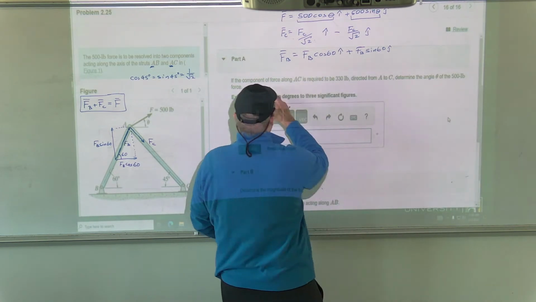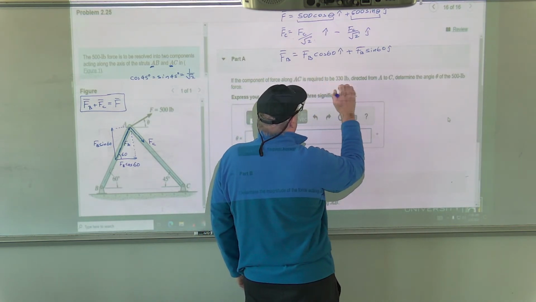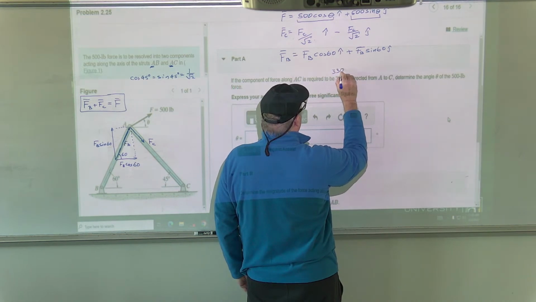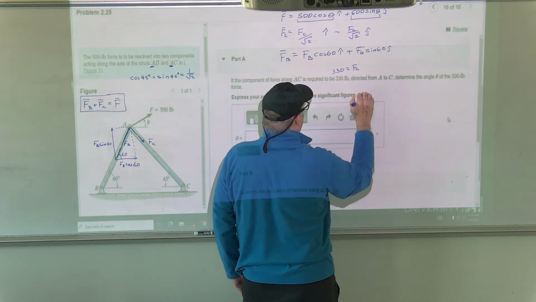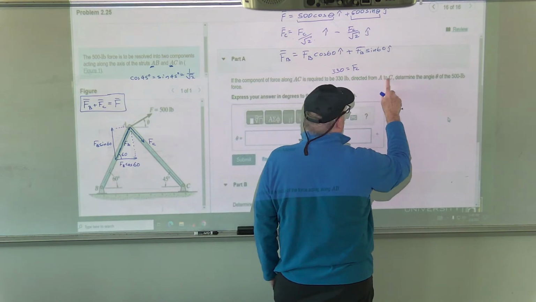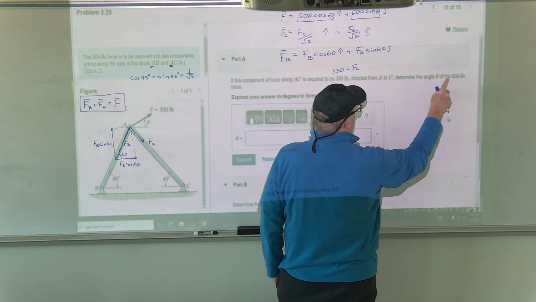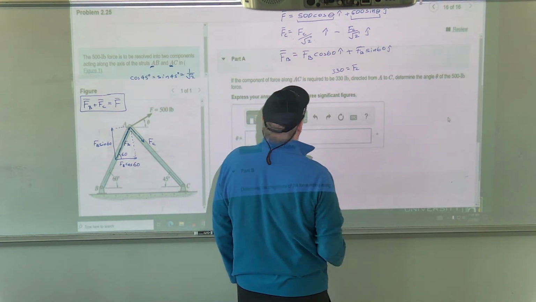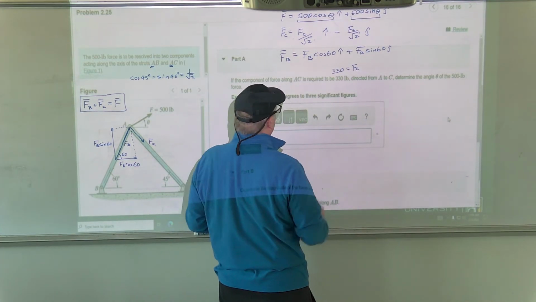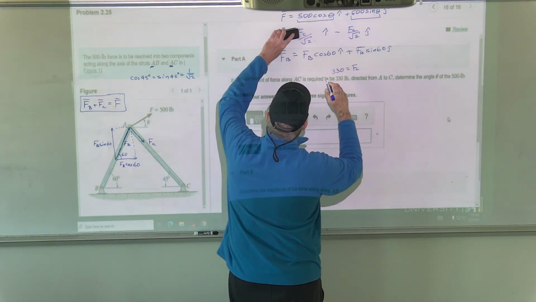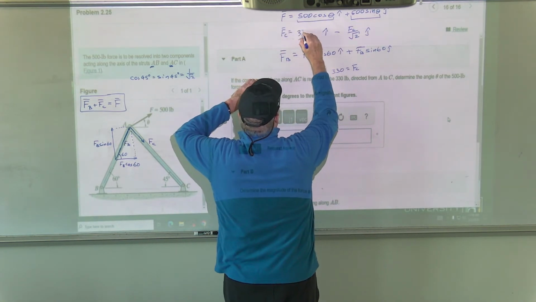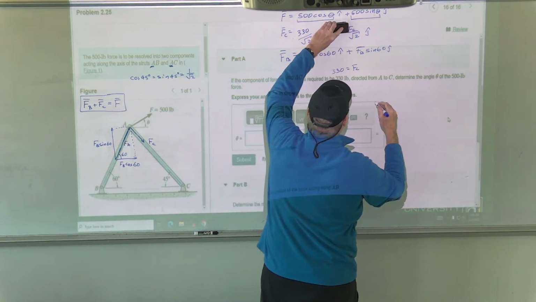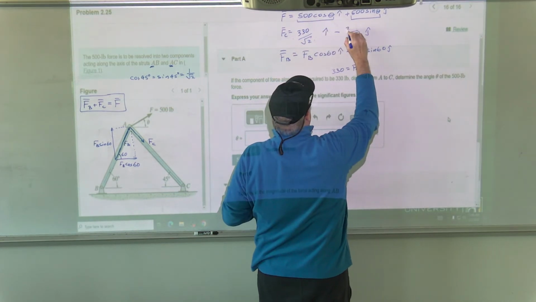So if the component force acting is required to be 330 is equal to FC, directed from A to C, and we already did that, determine the angle of the 500 pound force. So now, if that's the case, I can go in here, 330, and go in here, and 330.